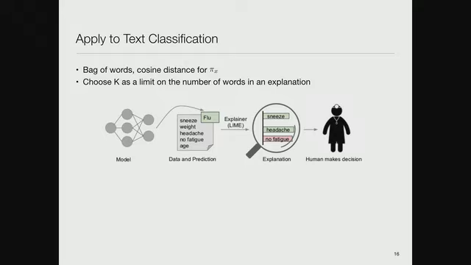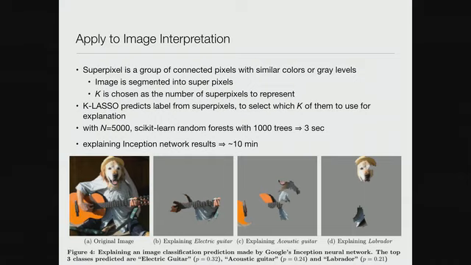Okay? Now, what's interesting is you can also apply the same idea to image interpretation. So here's a dog playing a guitar, and they ask, how do we interpret this?